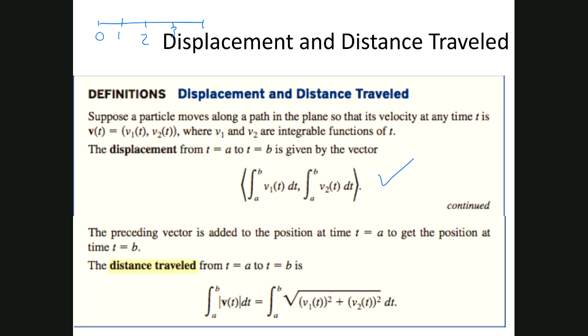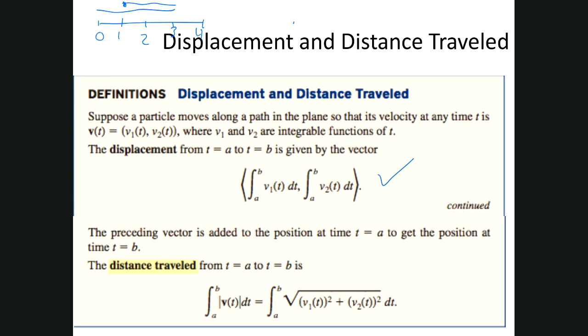I started at 0, I went to 3, then I turned around and I came back to 1. Well, my displacement is just 1, because that is the distance from where I started to where I stopped. But my distance now happens to be 3, 4, 5. So the distance you travel and the displacement are two totally different things. And some kids give me the same answer for both, and it's not the same.